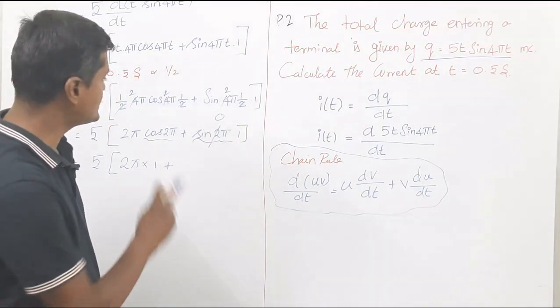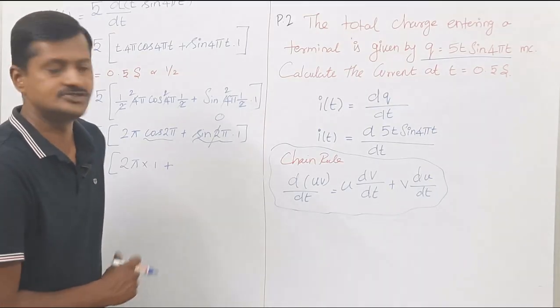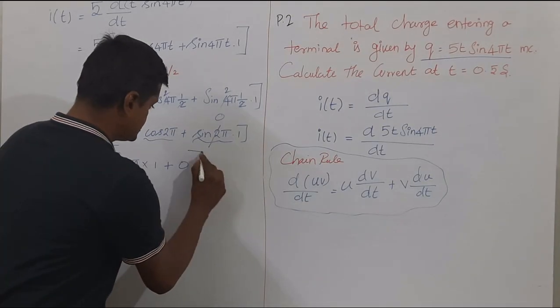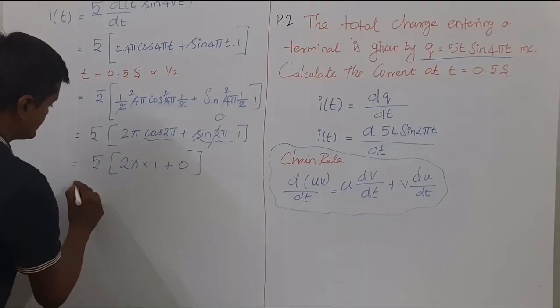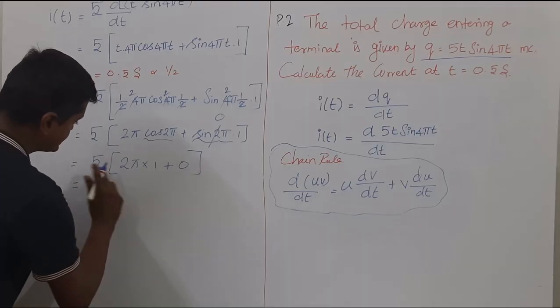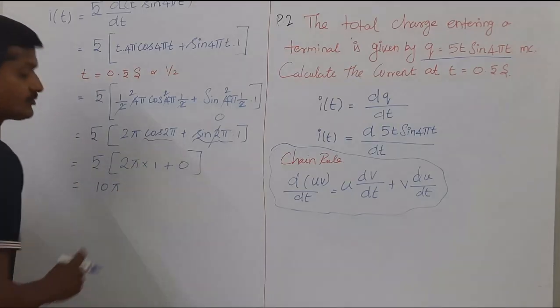So multiplying, we get 5 into 2 pi, that is 10 pi.